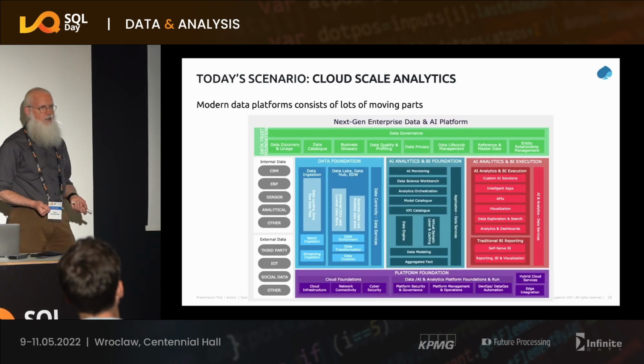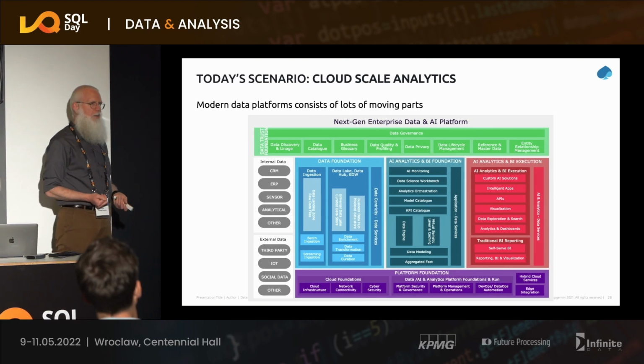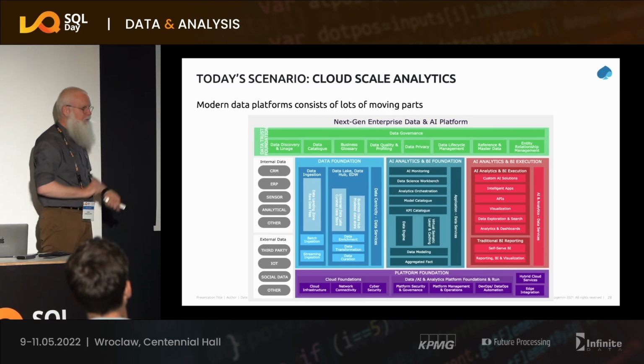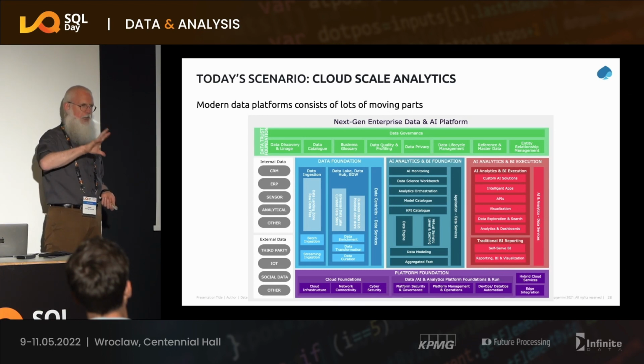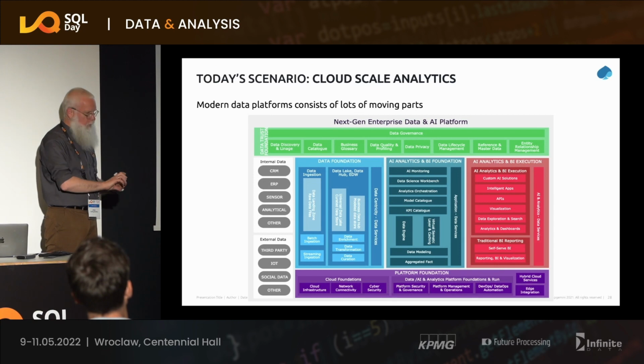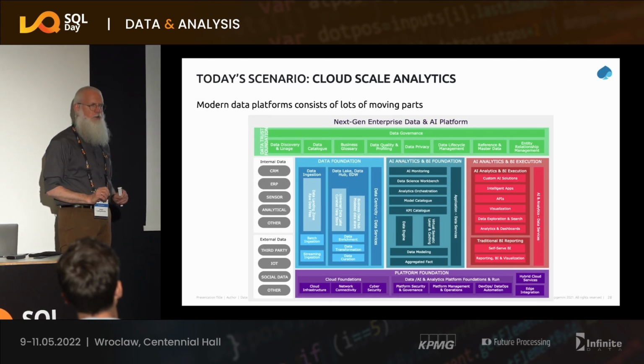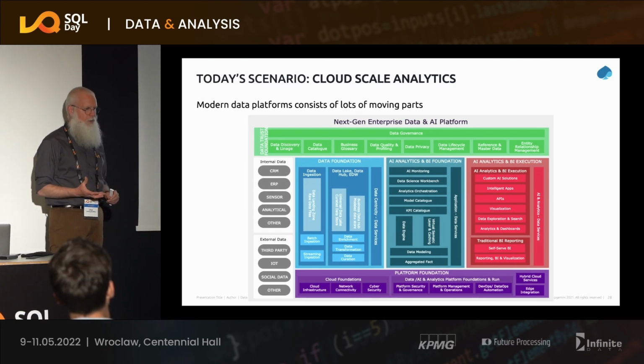Likewise, Capgemini has a reference architecture. It seems to be quite confusing because there are so many different boxes, but it is trying to tell you to think about what kind of capabilities you need. The platform foundation, so the purple layer underneath, is where you have your cloud foundation parts, which I mentioned from earlier.